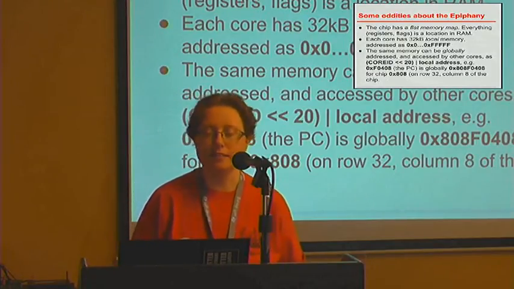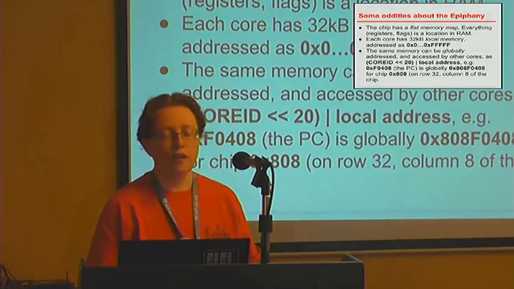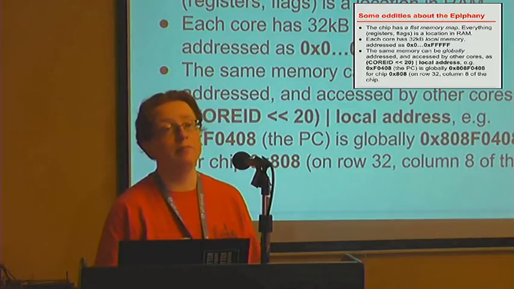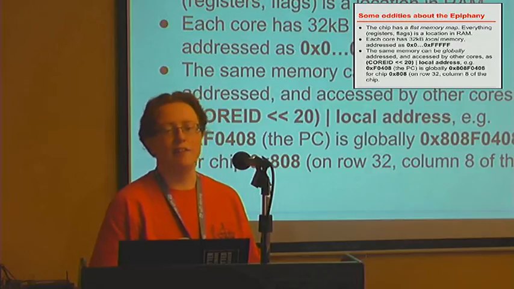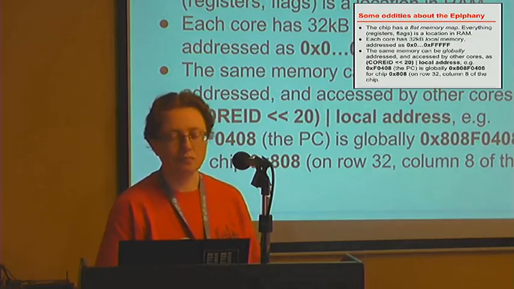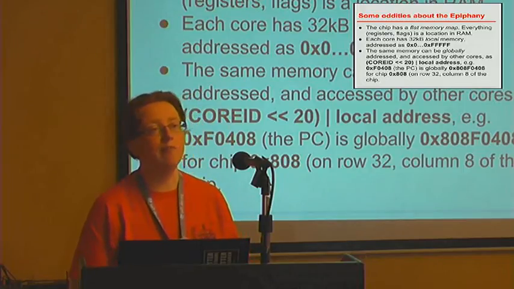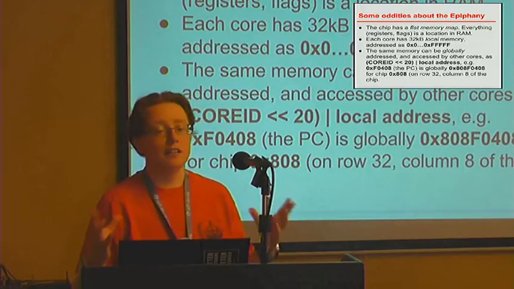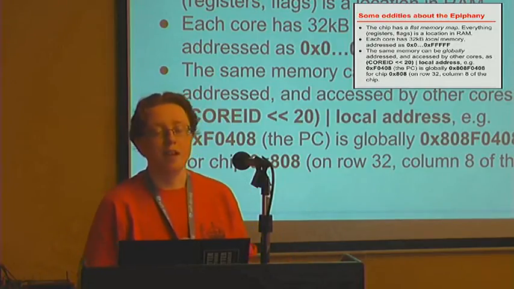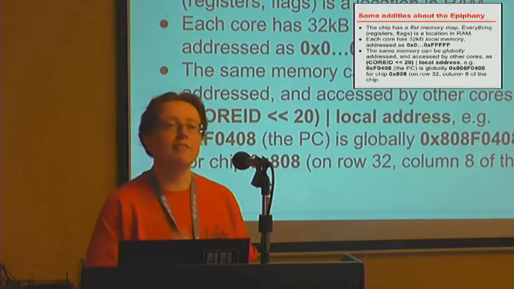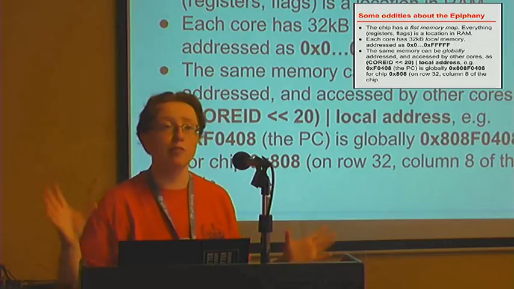Another bit of extra hassle is that the Epiphany has this really clever way of addressing its memory. So if your chip is 808 in hex, and you want to write to address 100 in your memory, then you just say, stick this integer in address 100, and that's fine. But that address 100 isn't really necessarily in position 100 in the global memory map.